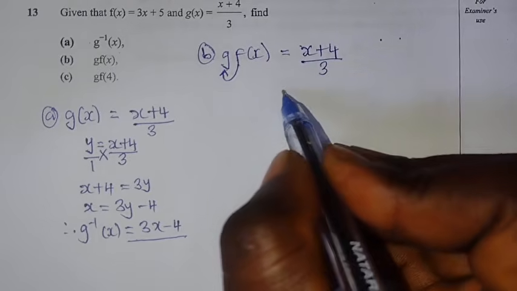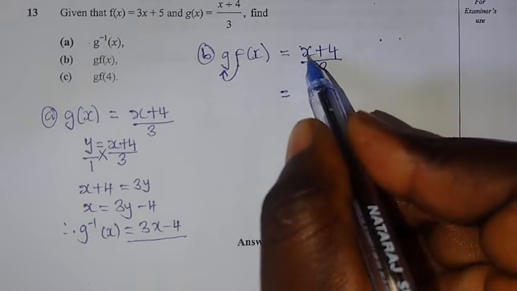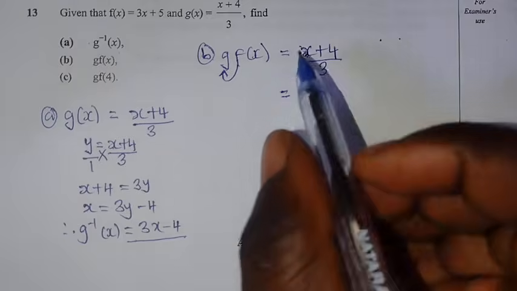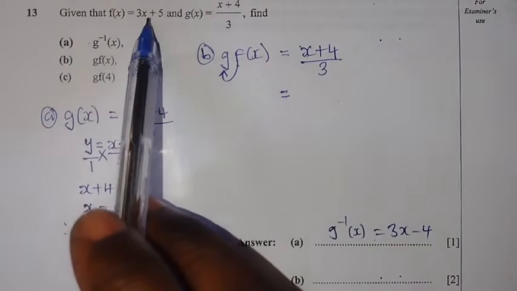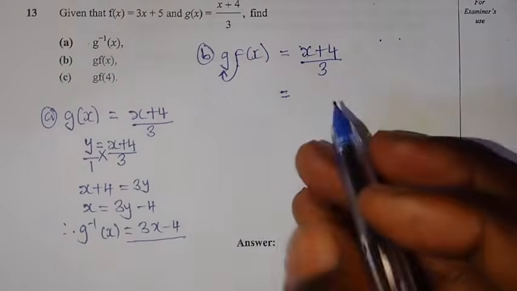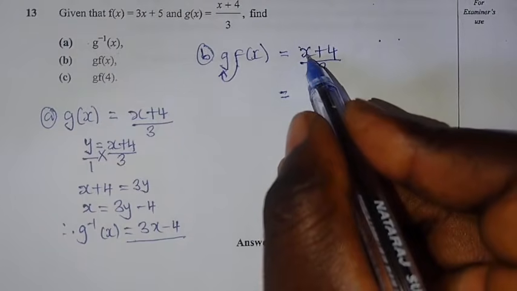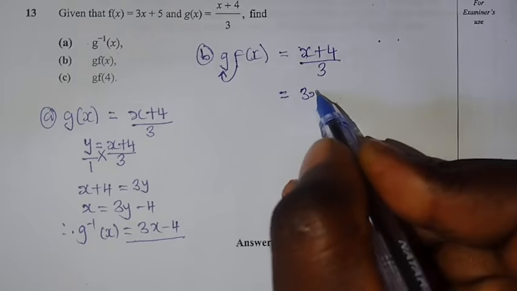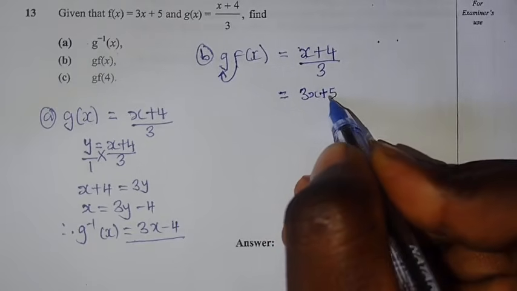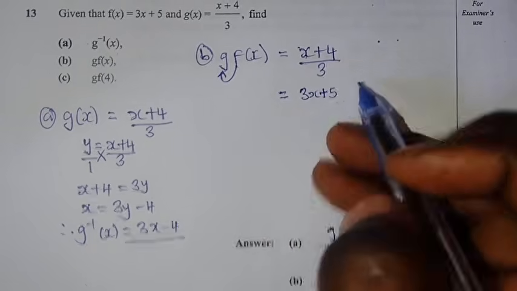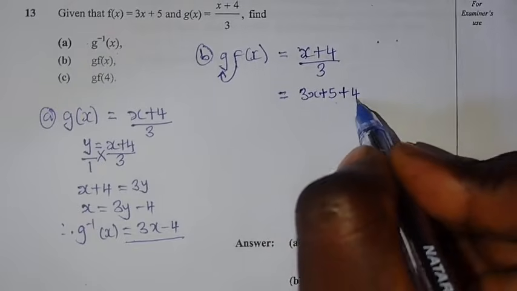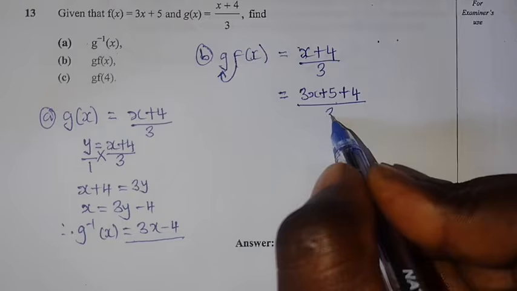What we are going to do is, on this x, we put the function of f, and the function of f is 3x plus 5. So we write 3x plus 5 just on this x, then plus 4 over 3.